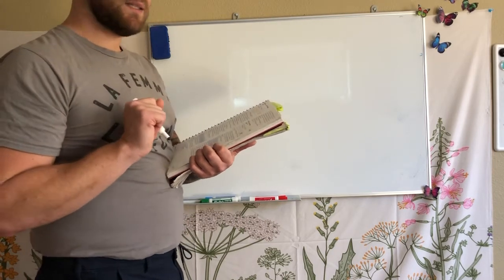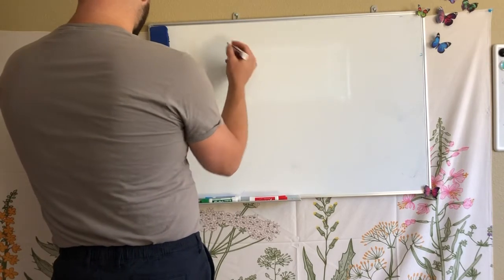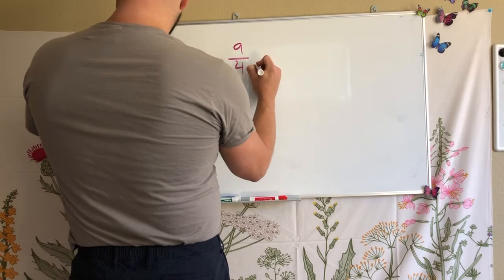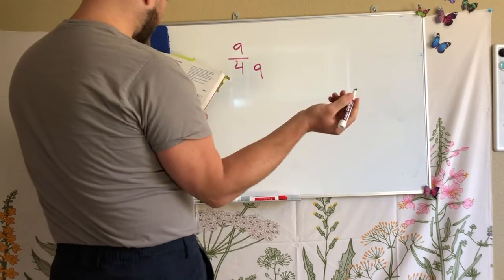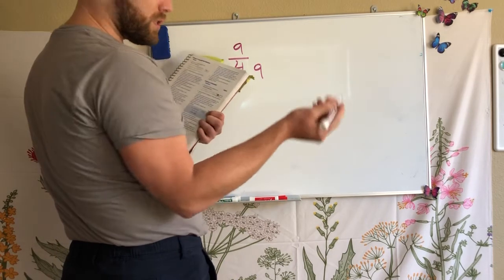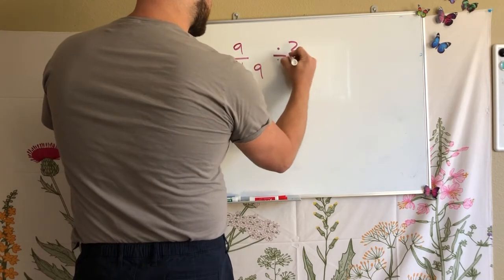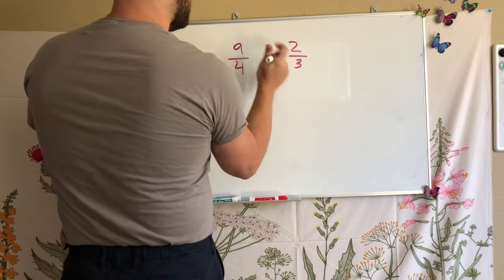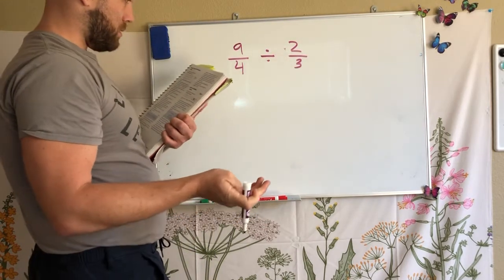All right, let's check our work. So we knew in problem B, another farmer has 9/4 quarts of honey. Quarts of honey, as we know. And he wants to fill the jars that each hold 2/3 of a quart. So I'm going to be dividing that by 2/3. I'll erase that Q so it's a little bit simpler. Okay, there's my equation. How do I solve this?